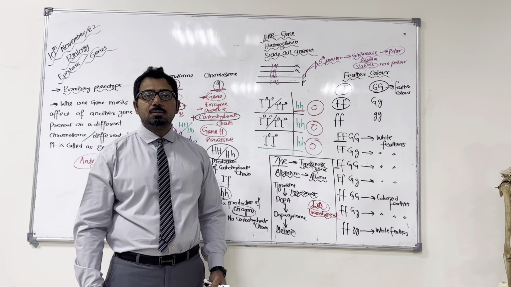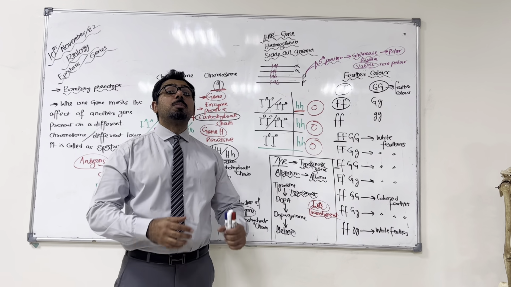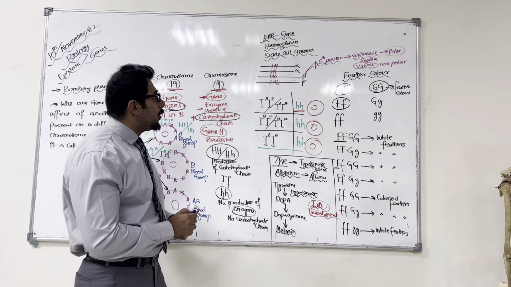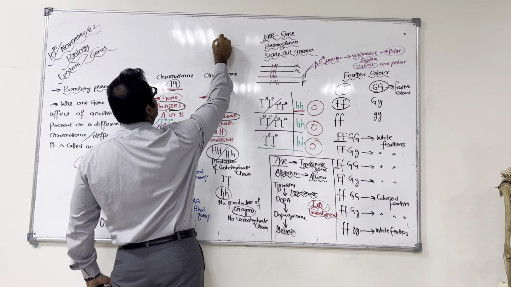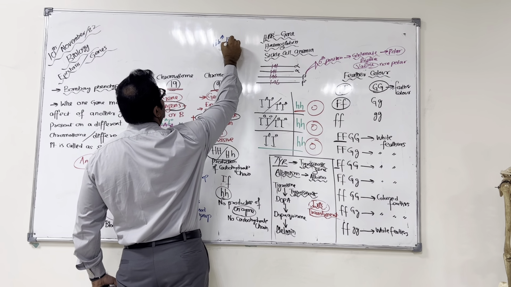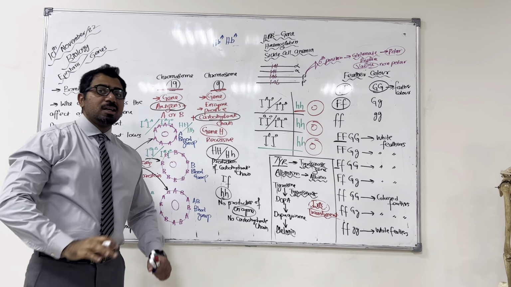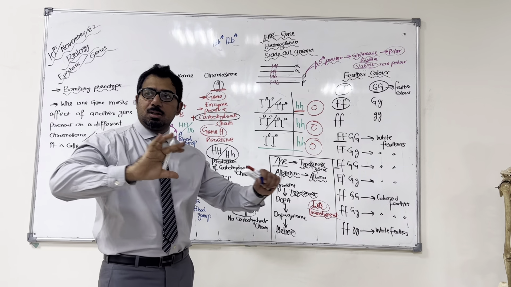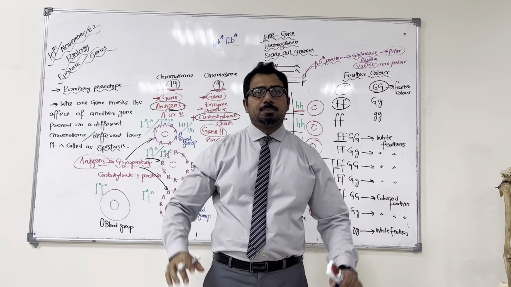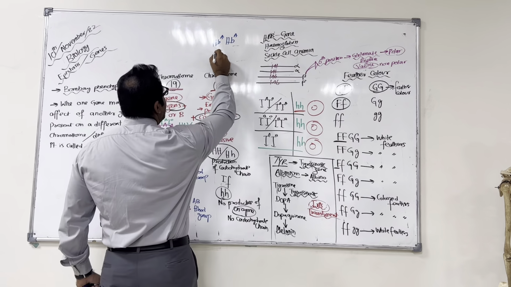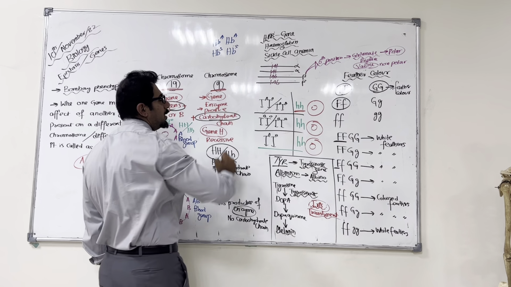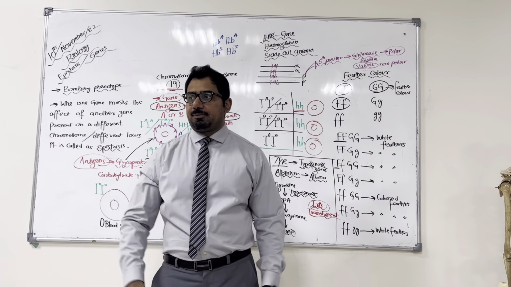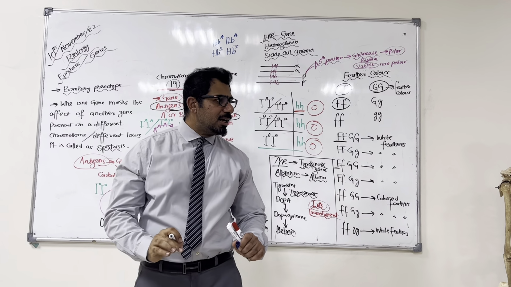So how is it codominance? Yes, because, you see, let's suppose a person can be HbA HbA. This person's genotype is what? Homozygous normal. A person can be HbS HbS. Both alleles are defective.